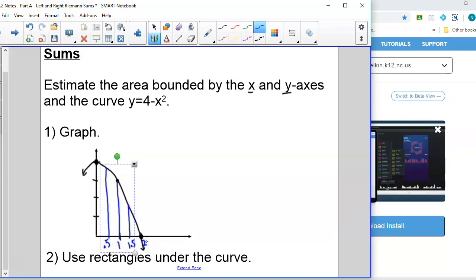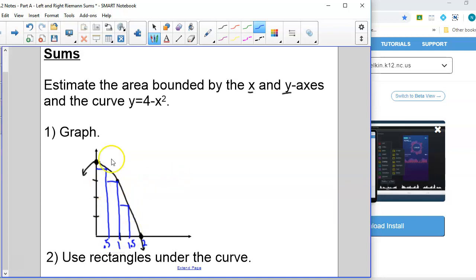And I'm going to make my rectangles look like this. And then, do I even really have a rectangle for that last one? I don't. So it actually ends up only being 3 rectangles, although I'm using 4 sections here.